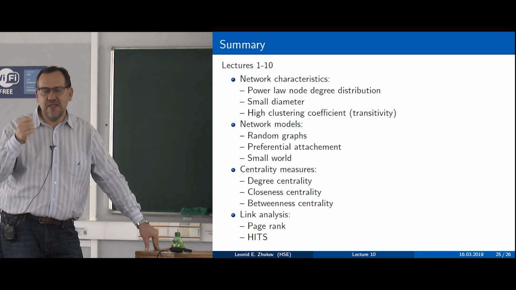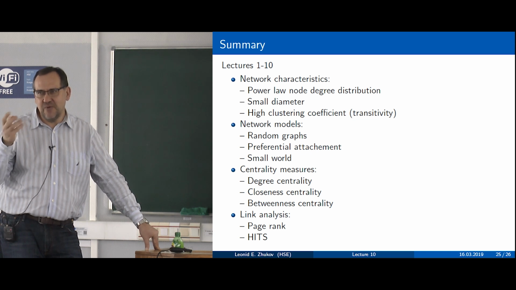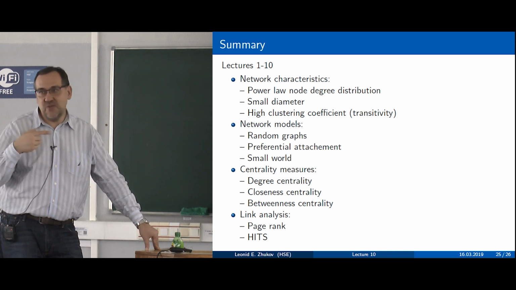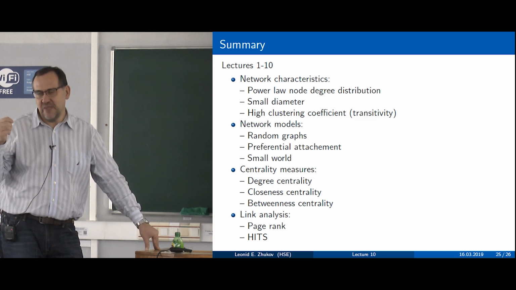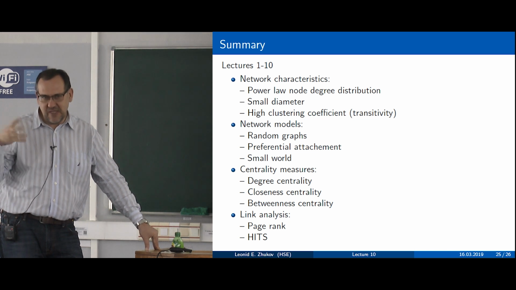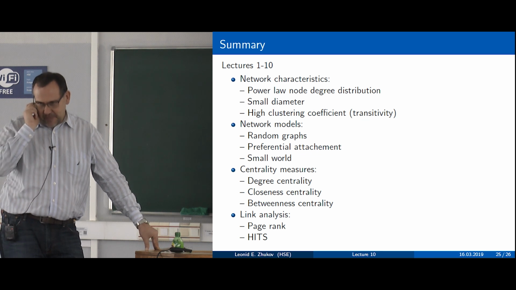What I mean is, the random graph model is a static model. Preferential attachment is dynamic. It's a model of the growth of the network, because the way it's built is we bring a new node and it connects to other nodes. We bring a new node and it connects. So it's a growing graph.